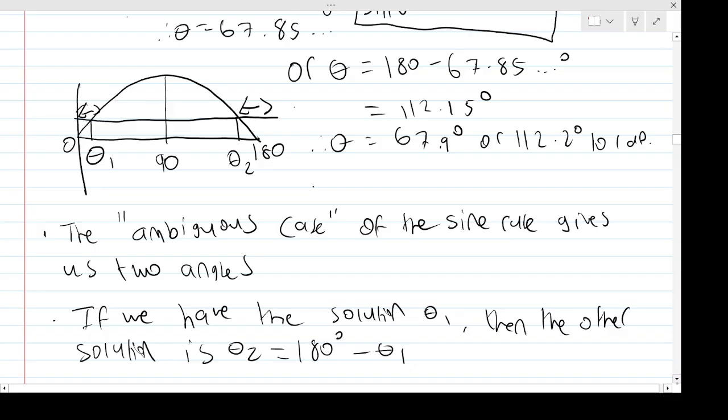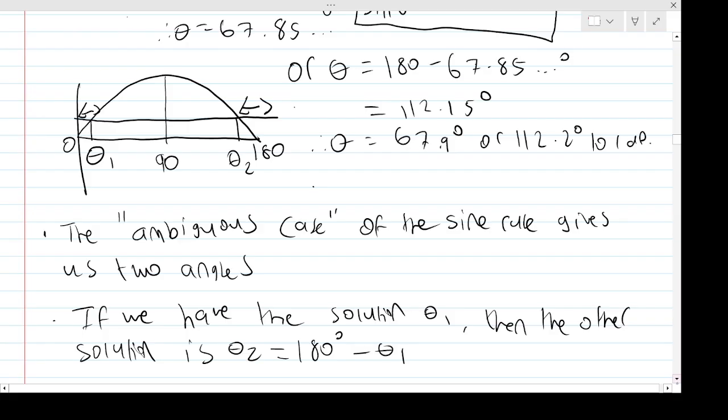So the gap here is just theta 1. From 0 to theta 1, it's theta 1. So to go from 180 to theta 2 here, this gap is also going to be theta 1. So we take away this angle from 180 to get the other solution.